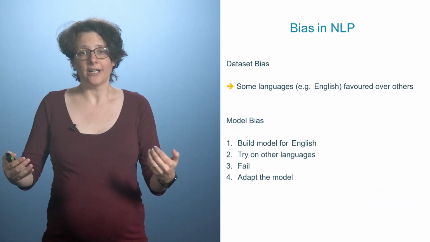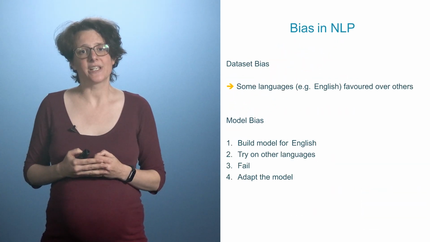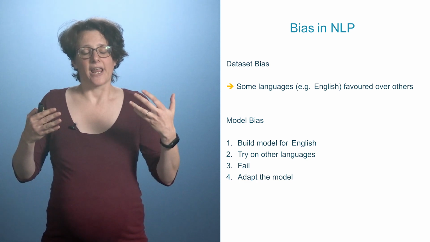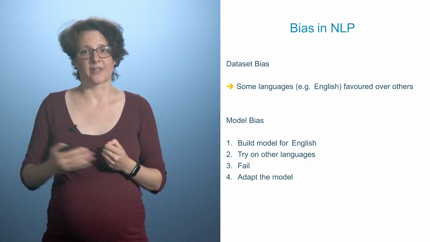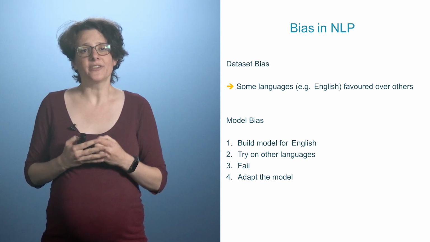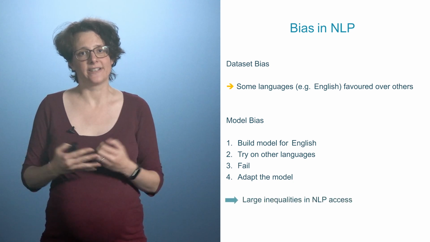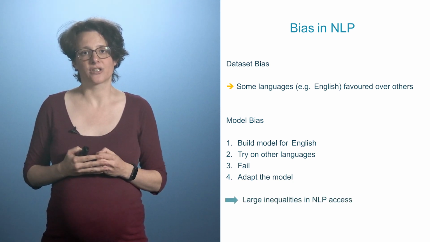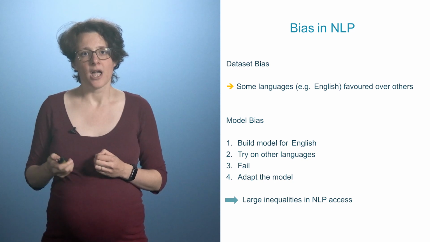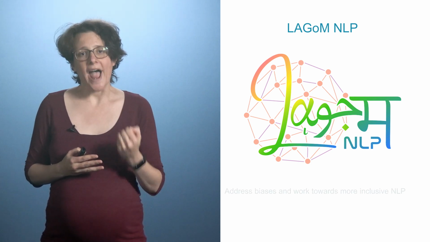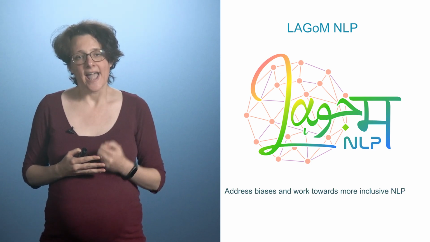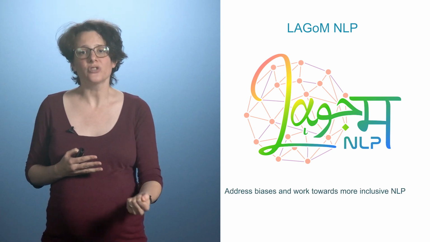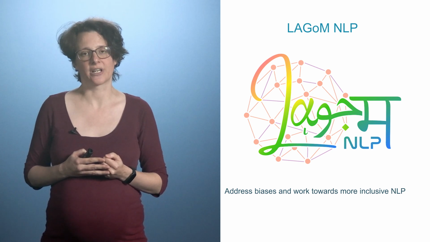So, clearly, multilingual NLP is biased. There is a model bias and a dataset bias, and the result is large inequalities in access to language technologies across the languages of the world. Our group, Lagom NLP, based at KU Leuven, has as a mission to address these biases and work towards more inclusive natural language processing.